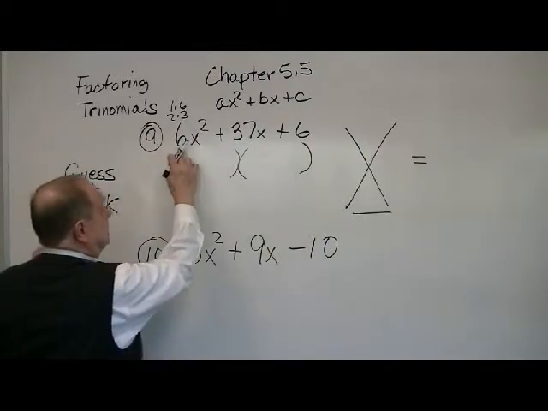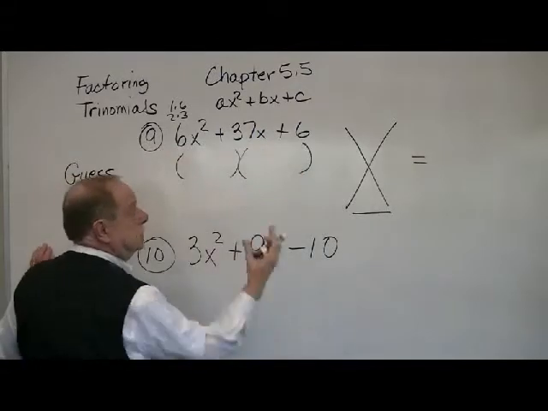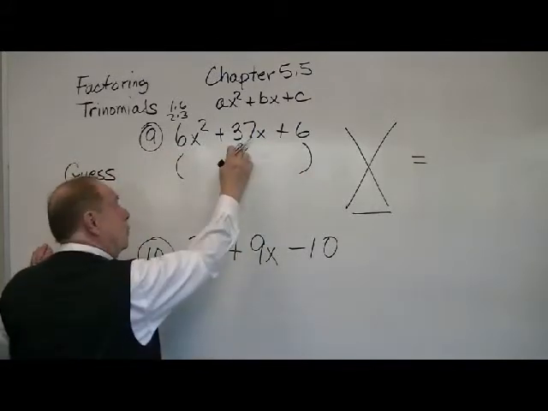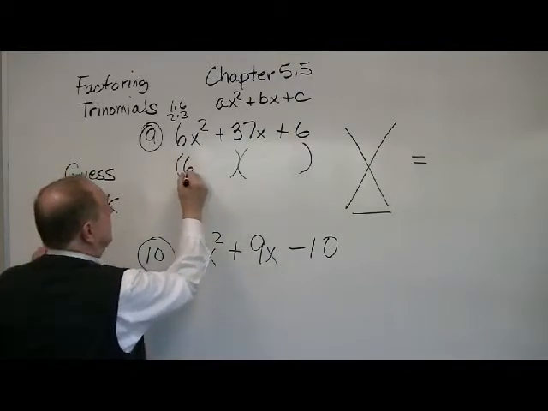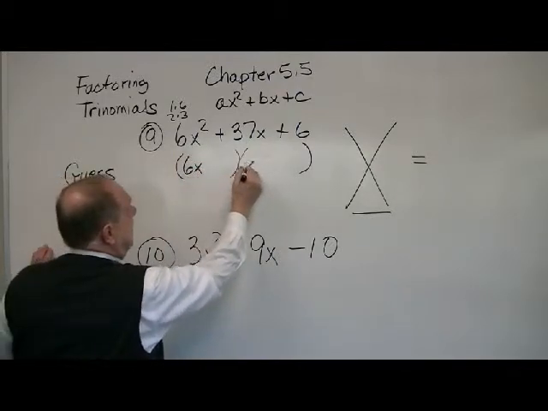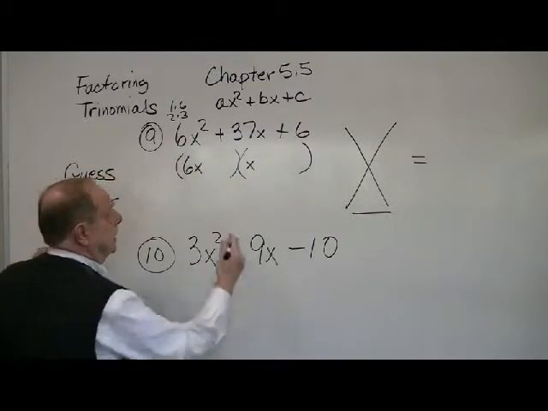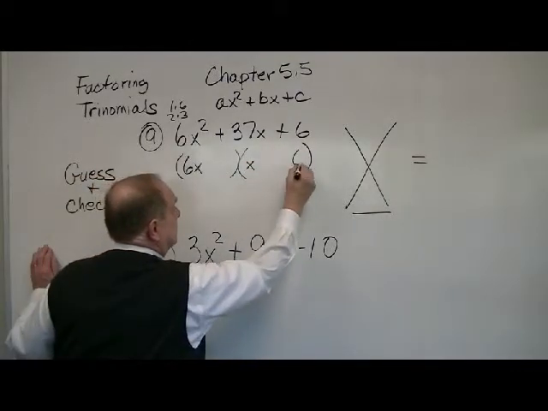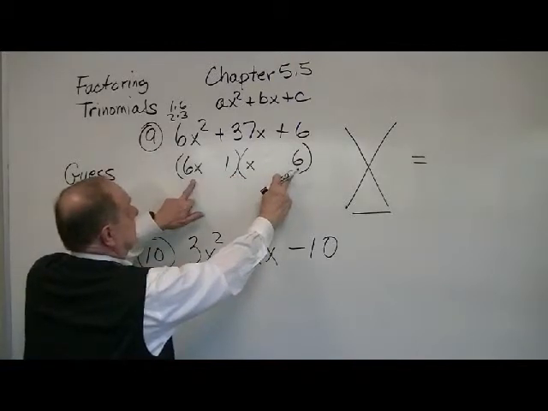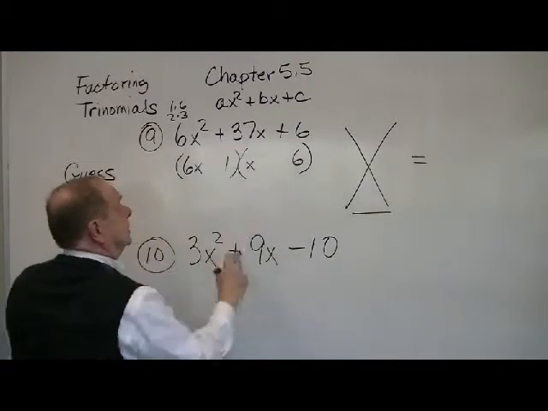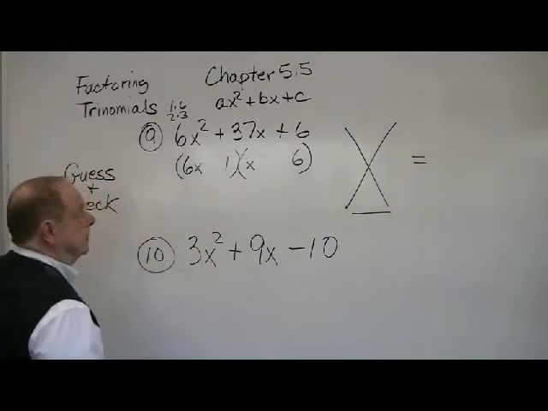In fact, I see 6 times 6 is 36 and 1 is 37. So I think it's going to be 6x and x. And then I need my outers to give me my 36 plus 1 is 37. I think that's it there.